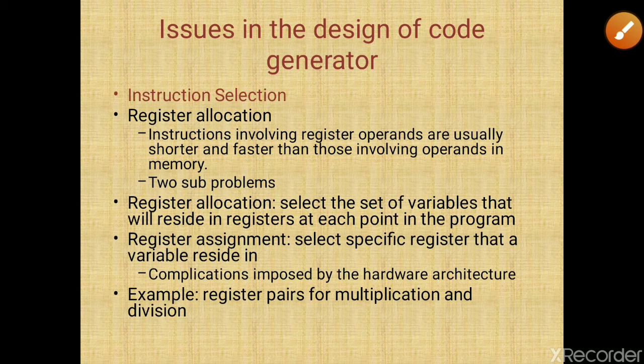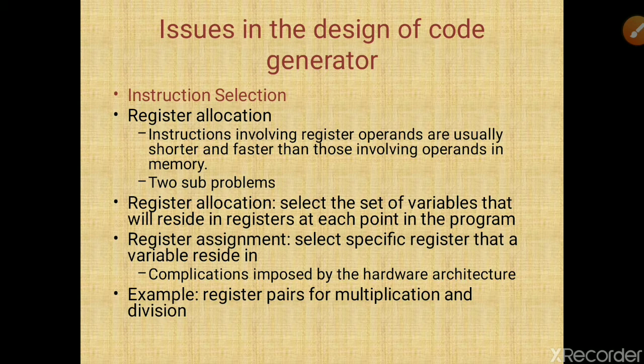Now in instruction selection, we have to consider two other important things, register allocation and register assignment. Instructions involving register operands are usually shorter and faster than those involving operands in memory.